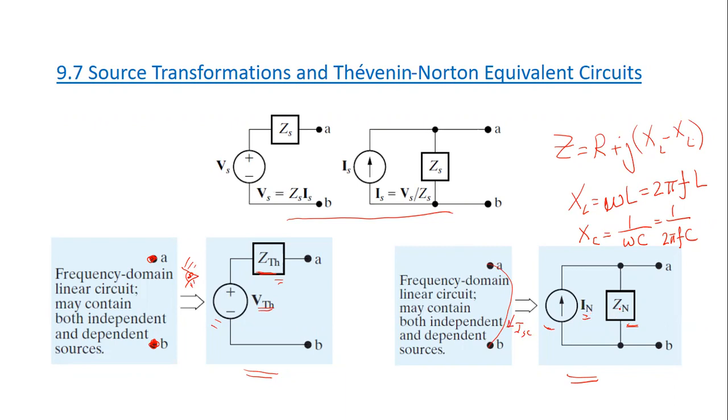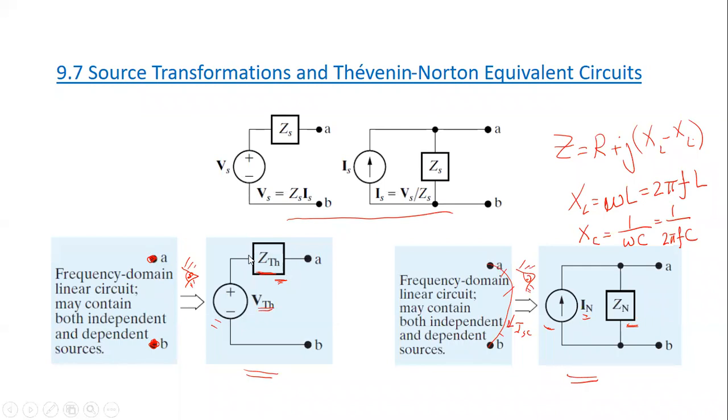And how to find Z Norton? It is the same as Z Thevenin. So you need to deactivate the sources, open this link A and B, and look at the circuit from this point and find the impedance between A and B, or with respect to points A and B. And it should be the same as the Thevenin impedance.